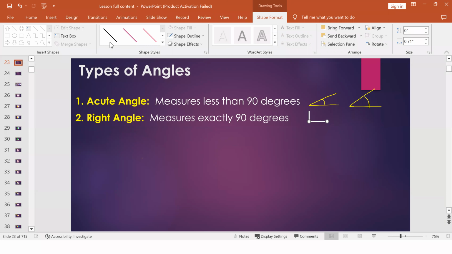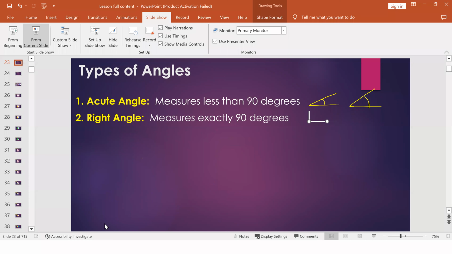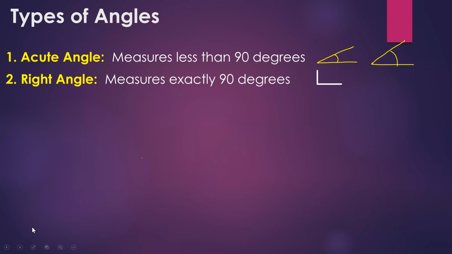It has something like that. Good. It looks like an L, and it could also be like this as well. This is 90 degrees. And like I said, that's a little box right there in the middle. That is 90 degrees.